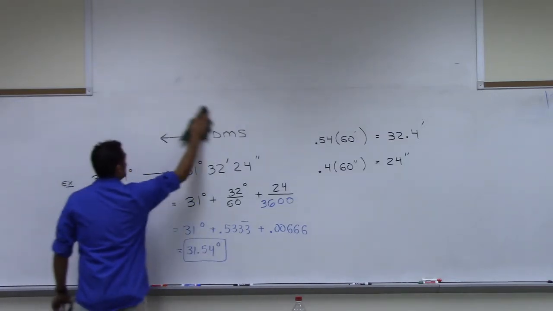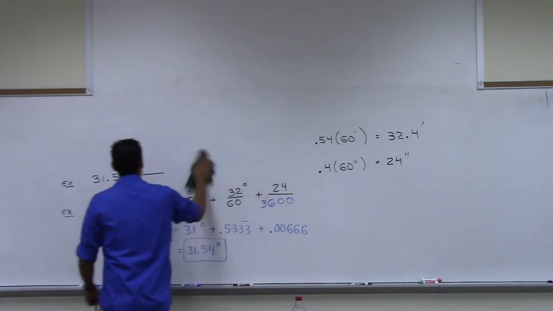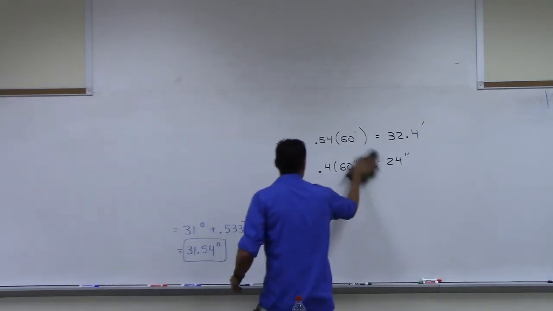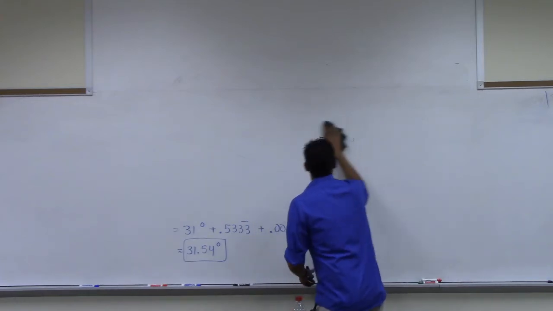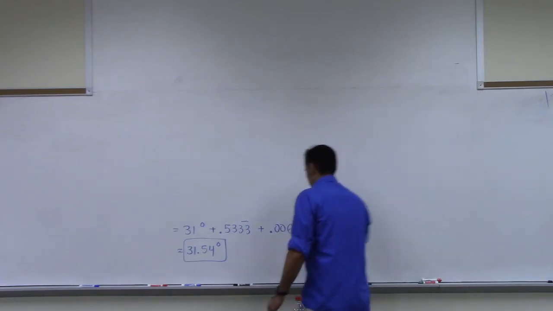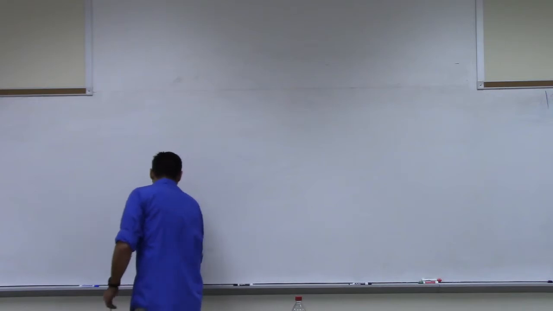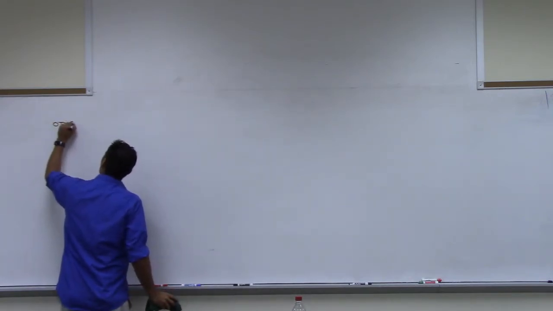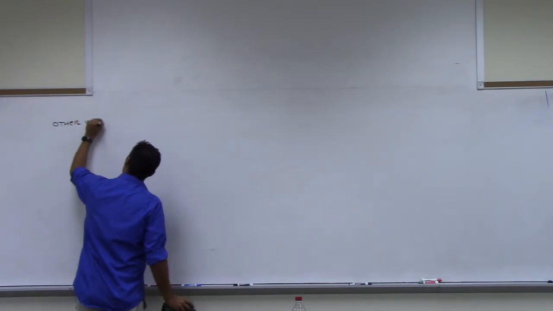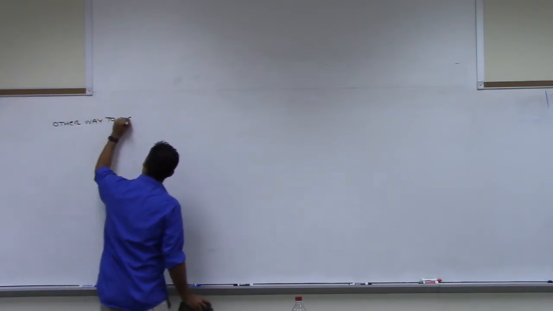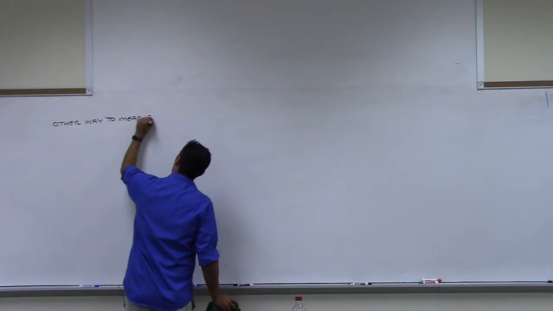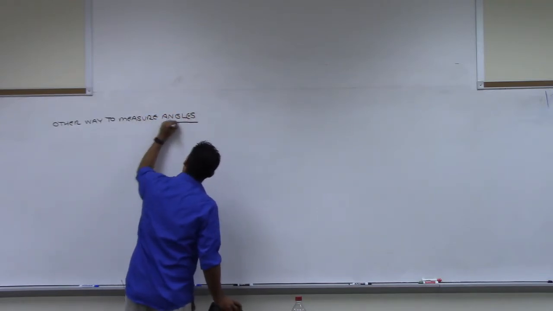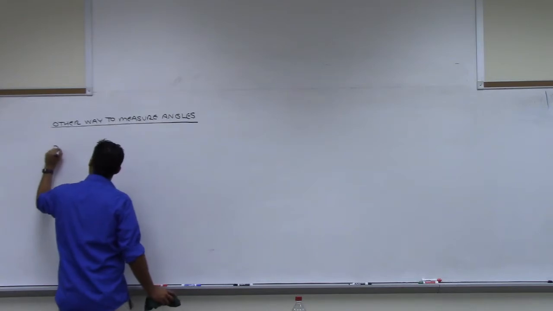All right, let's talk about the other way we like to measure angles, and that's a radian. I've been excited about this for the last few days, talking about radians. Other way to measure angles. Radians.